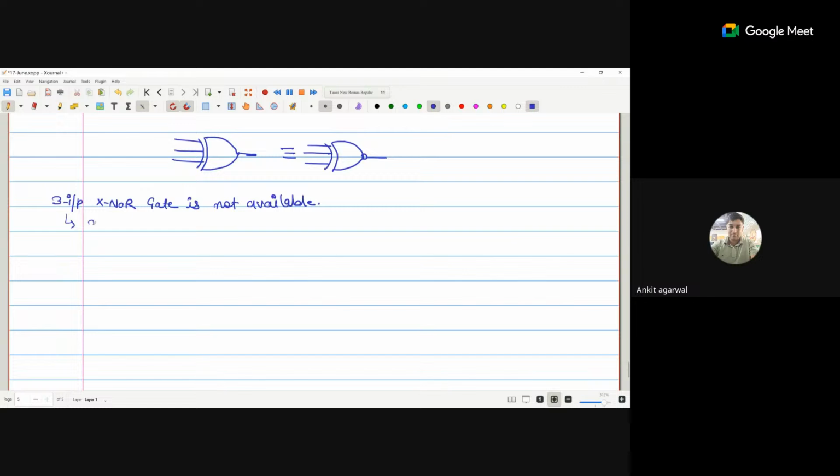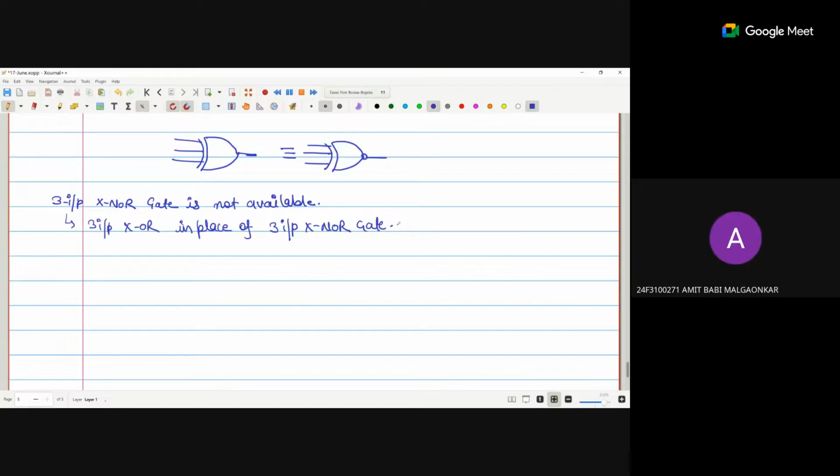Why? Because you can use a 3 input XOR gate in place of a 3 input XNOR gate. Clear?